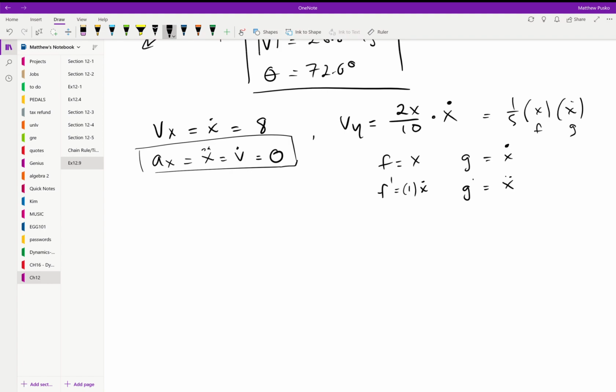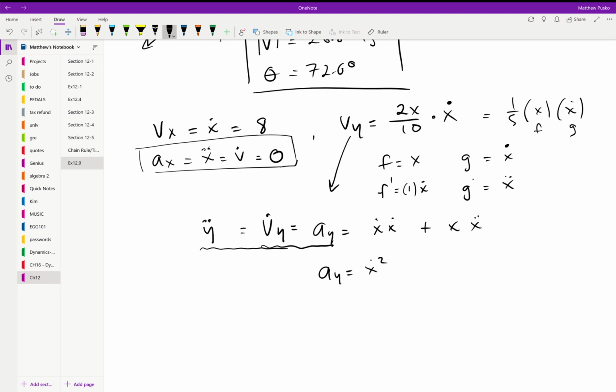Putting this back together using the product rule will give us an acceleration, because the derivative of the velocity would be the acceleration, v dot in the y direction, or acceleration, those are the same thing. That's also equal to y double dot, all the same thing. So make sure you recognize that. And then putting this together, I get x dot squared plus x x double dot.